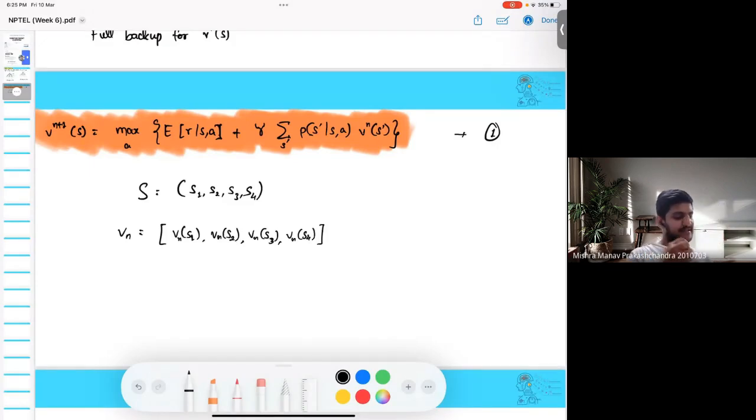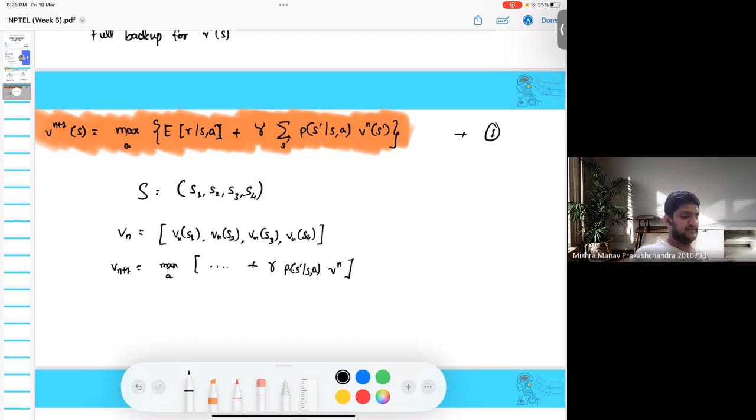If you think of it like this, in order to change it to vn plus 1, I'll simply take the max of some quantity plus gamma times some other quantity, which is the p of s comma a times vn. So basically what I'm trying to do is take a max over all the actions in a particular state.